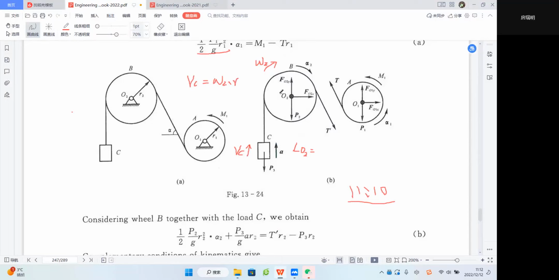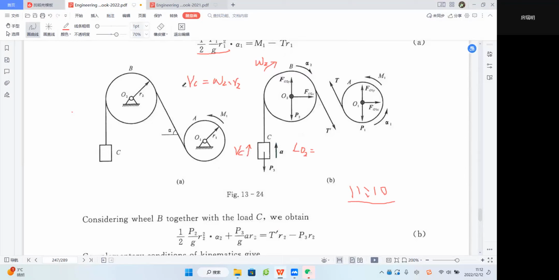Because this wheel rotates around the fixed axis O2, any point on the wheel rim has speed omega 2 times r2, right? And so any point on the string also has the same magnitude of velocity. So vc will be this.